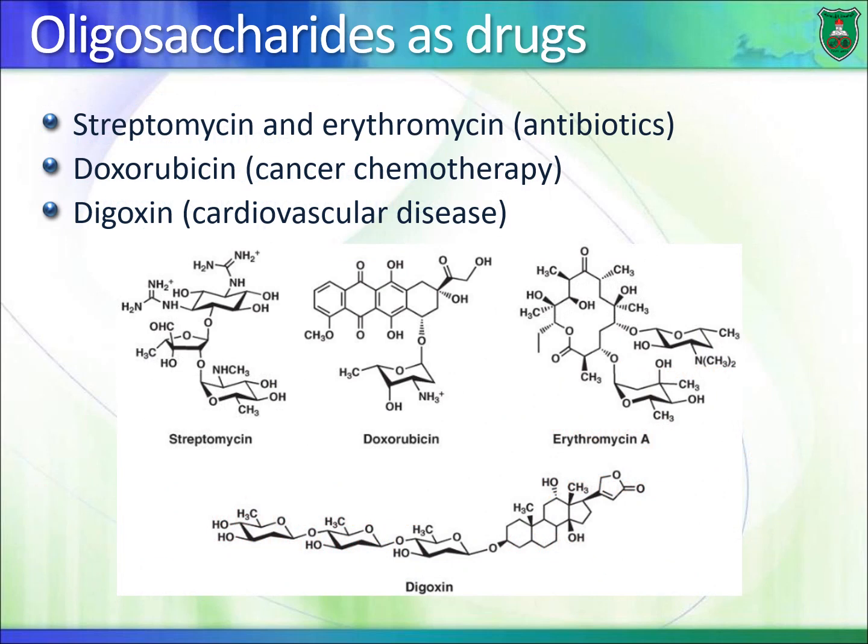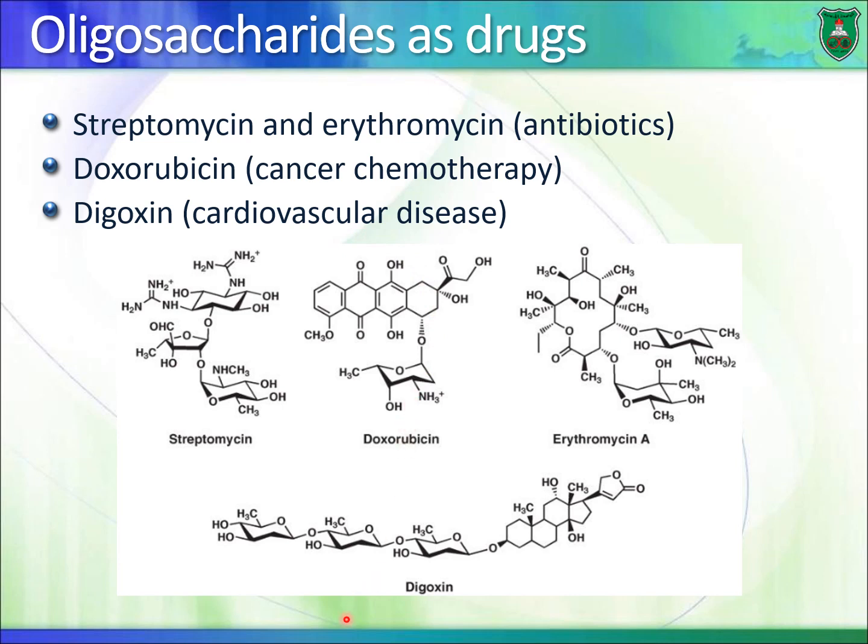So finally, we have oligosaccharides. They're really, really important because they can be used as precursors for the production of drugs like antibiotics, streptomycin, erythromycin. They are made of oligosaccharides. You also have doxorubicin, which is used in cancer chemotherapy.